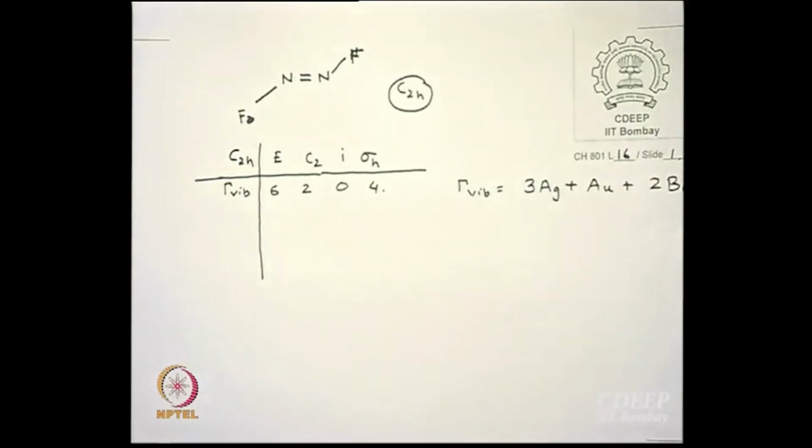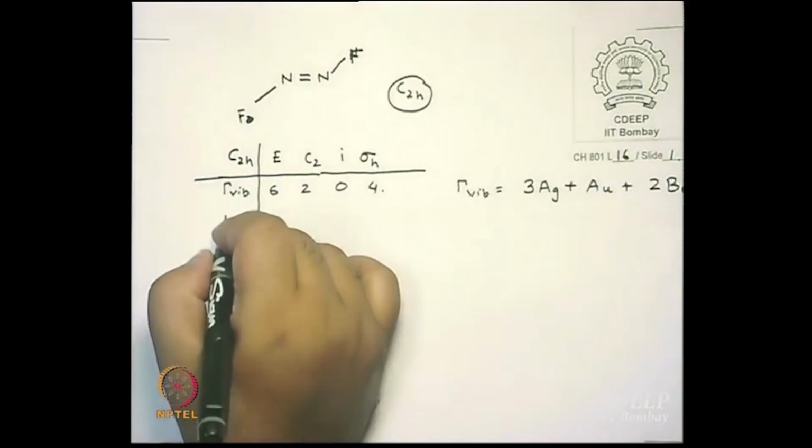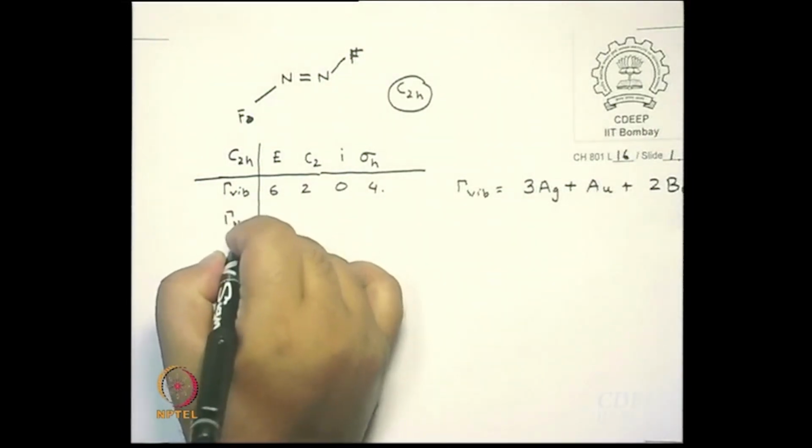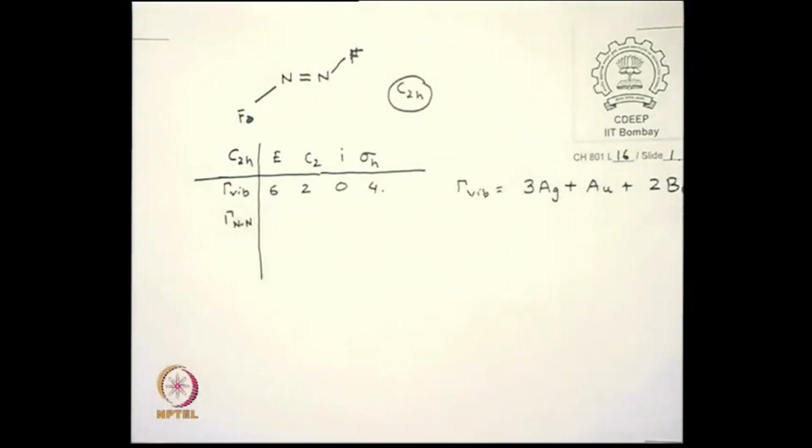Alright? Now, next what we wanted to do is assign the different kinds of internal motions of the molecule to these symmetry species. We want to know which is which. The basis that we used for them are gamma NN, because the NN stretch is unique, right? There is no reason why we should take it along with the NFs.